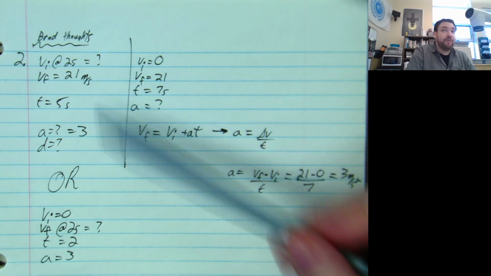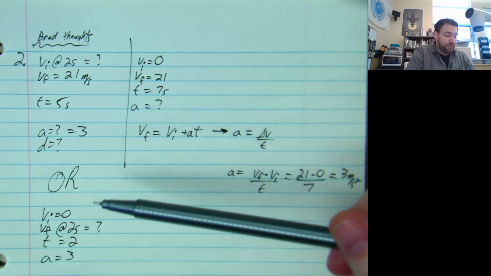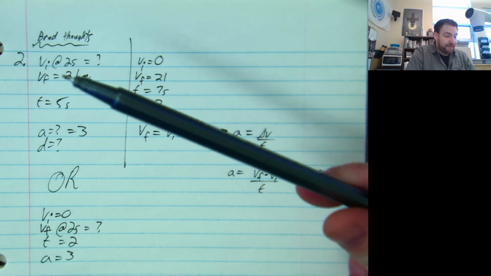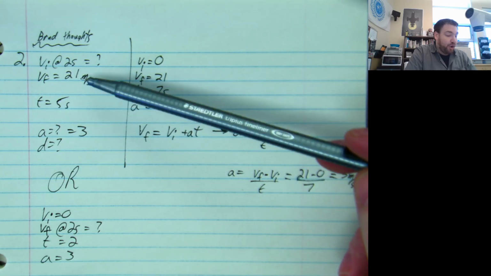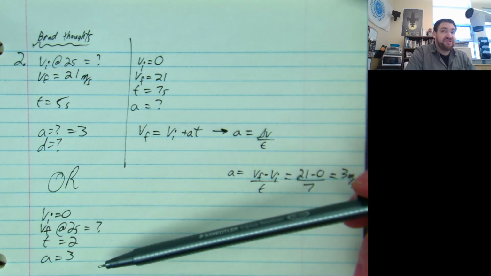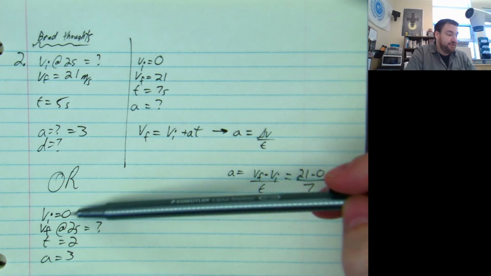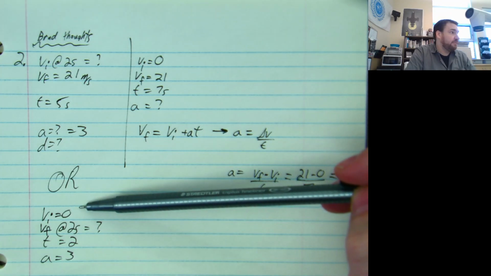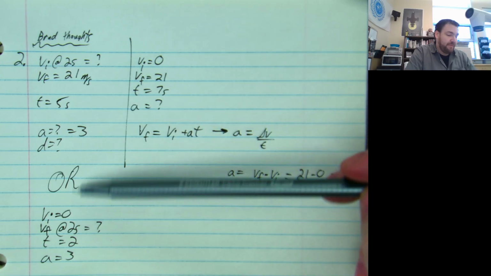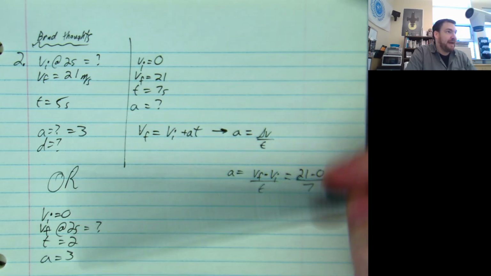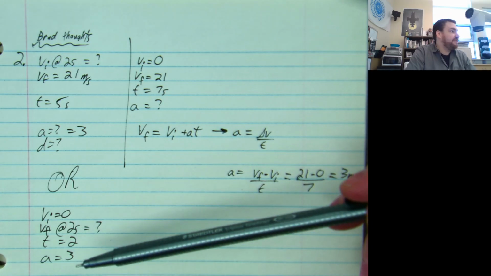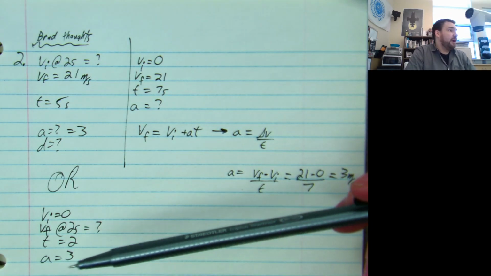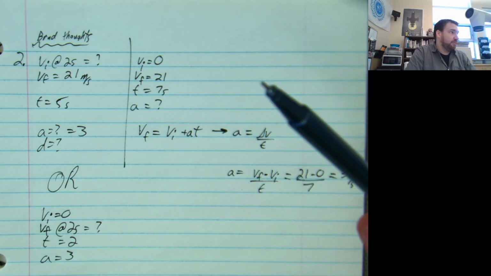So you can set it up either way, Brad. It doesn't really matter which one you do. I would argue the second one is easier only because you can set VI to 0. The physics is identical, but the math is easier. Anywhere you can set a variable equal to 0, you're less likely to screw up the algebra.